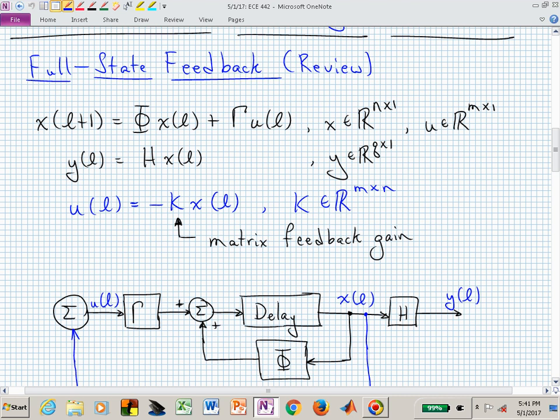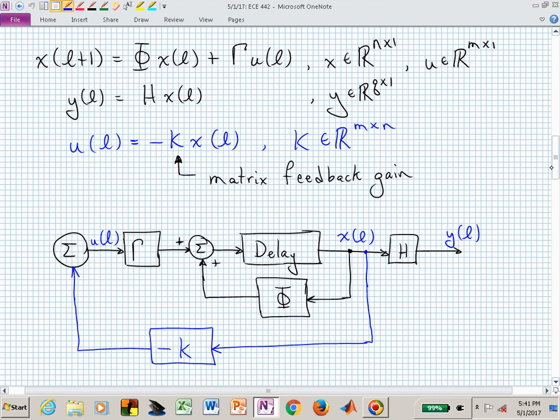What we are going through now is different from what we've been doing in the transfer function-based controller approach. Now we're saying, let's assume that we can go in and measure every one of those state variable components. So our state variables might be position, velocity, voltage, current, temperature, pressure.